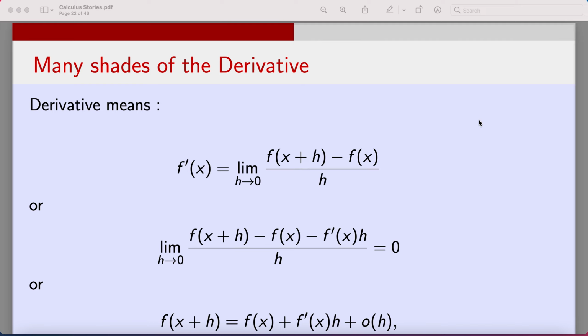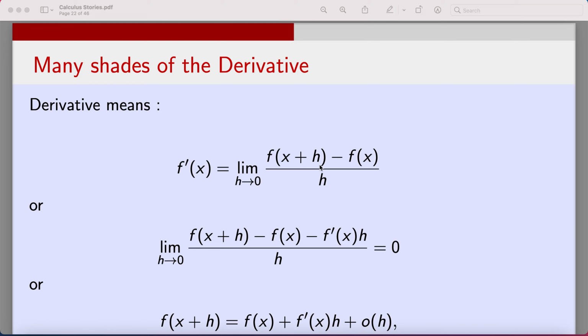So the derivative of a function from R to R, a real function, is defined as follows: you take the change in the function values when you make a change h in x, that is, you add a number h, could be negative, could be positive, to x, and then you look at the change of the functional value at x plus h and the functional value at x.